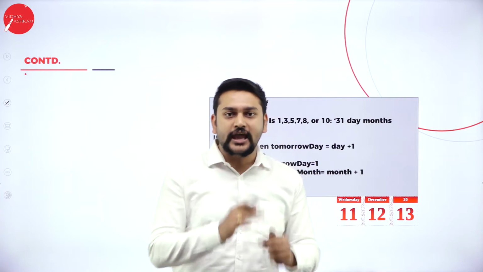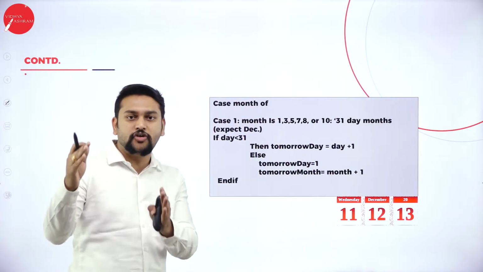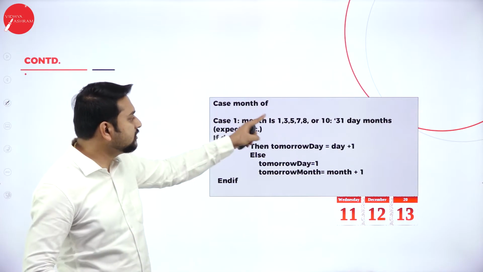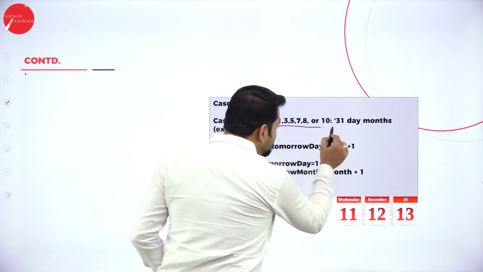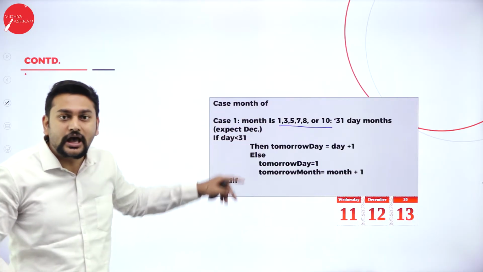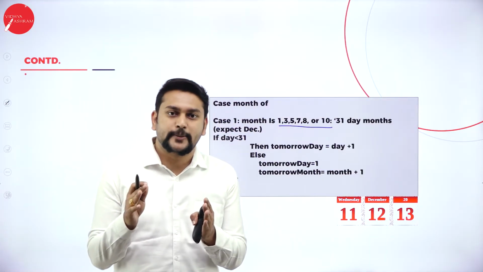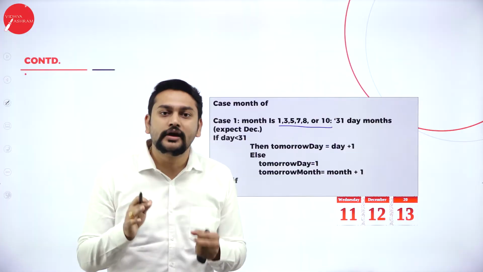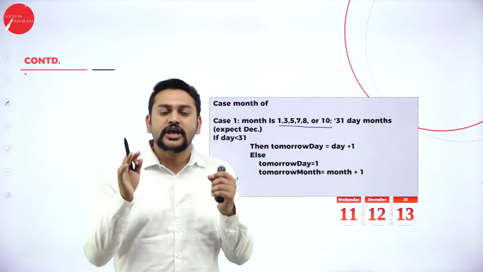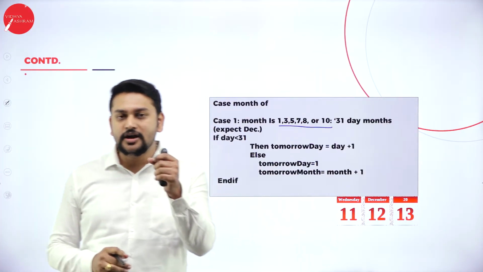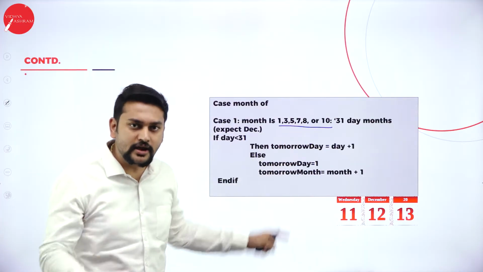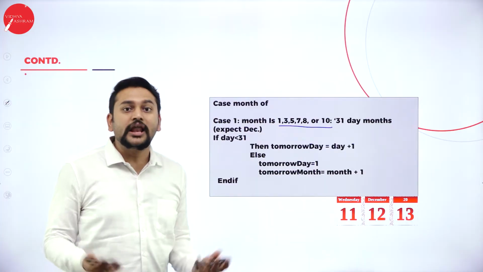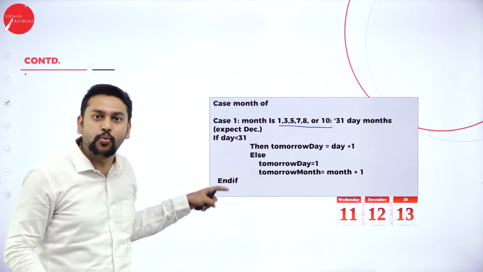How have I divided? In the first case, I have taken some set of months: 1, 3, 5, 7, 8 or 10. In these months, I will get 31 days. Say for example, I have entered the month as 7, then I will be executing case number 1.